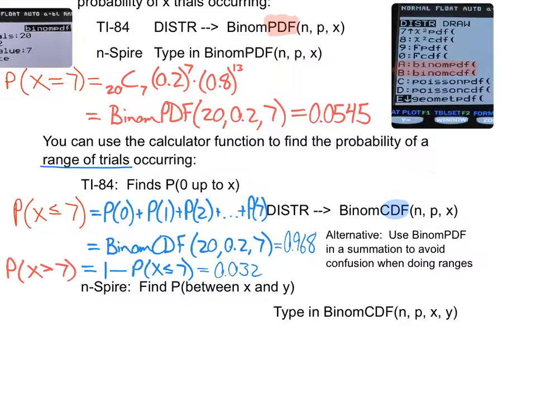The 83 and 84 do not do that. When you do binomial CDF, it will always give you from 0 up to whatever you want. So there's two ways of handling this. Let's say that I wanted the probability of getting between 3 and 7 inclusive. So I wanted the probability of 3 or 4 or 5 or 6 or 7. Okay? Two ways you can handle this.